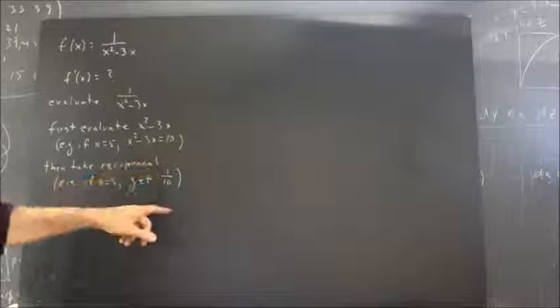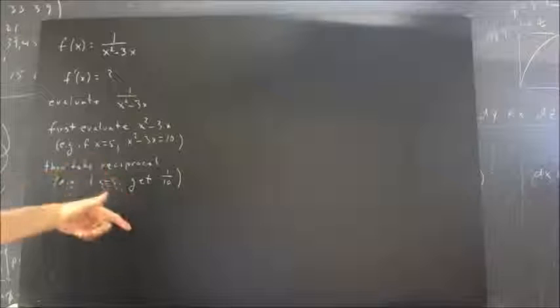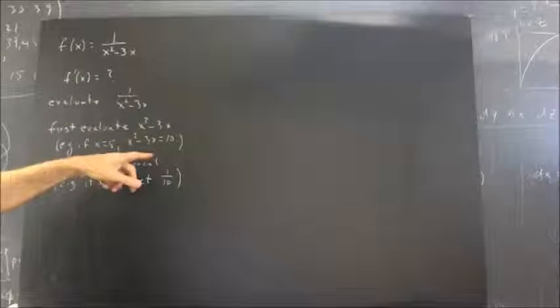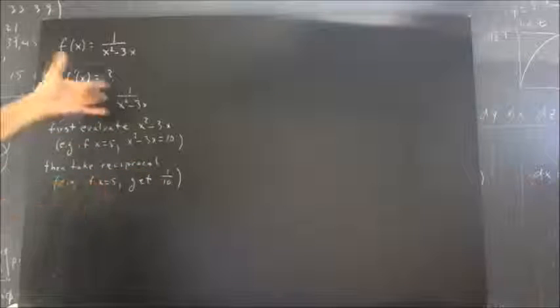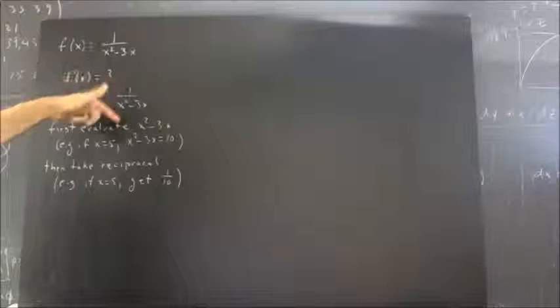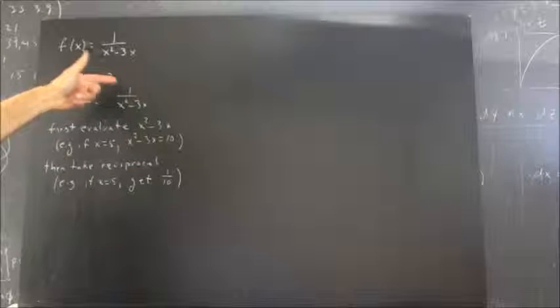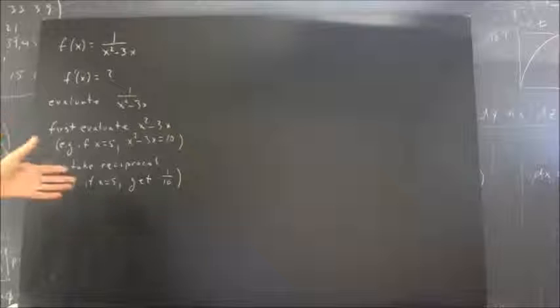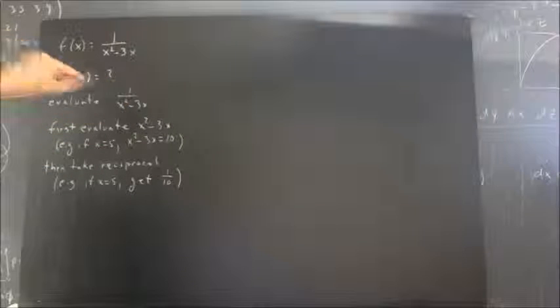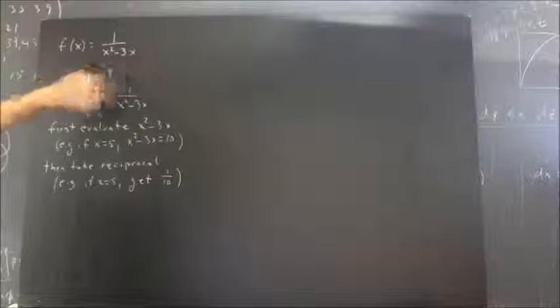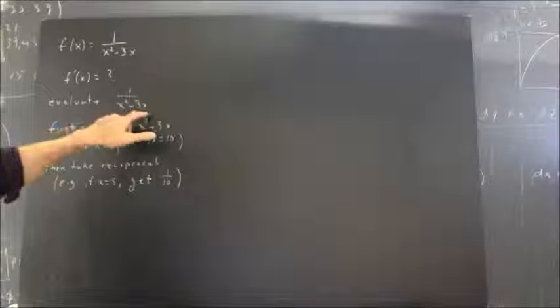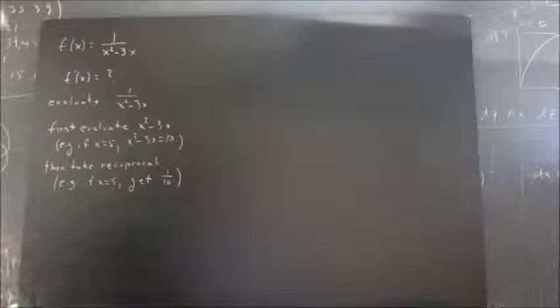So we've evaluated this in two steps. We first evaluated x squared minus 3x to get 10, and then since it's in the denominator with 1 in the numerator, we simply take its reciprocal and get 1/10. I know that when you evaluate a function, you'll just put a 5 in here and a 5 in here and get 1/10. But if we think of it in steps, we first evaluate the denominator, then we do the reciprocal.